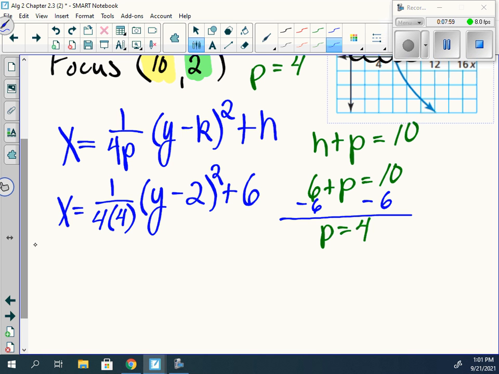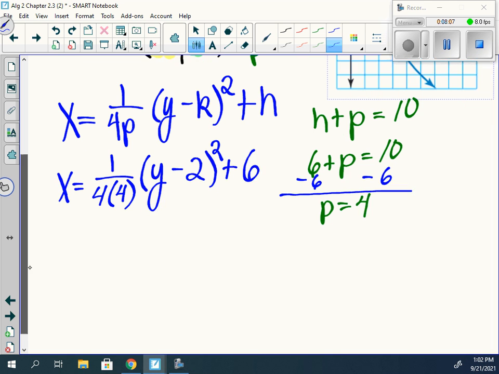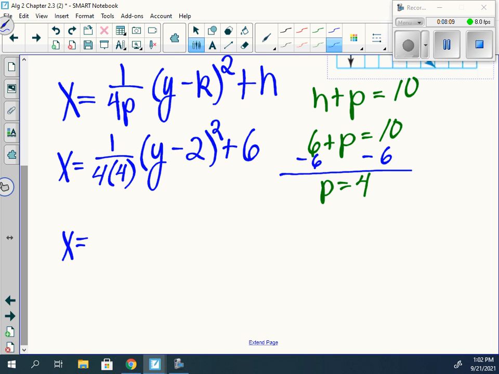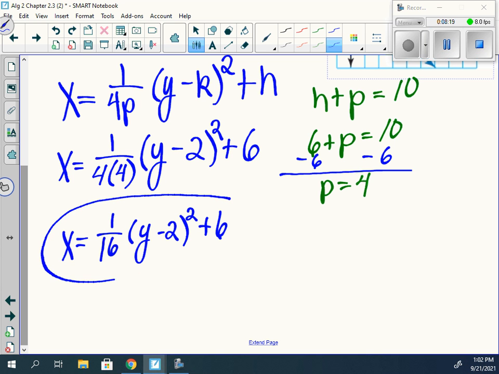So first thing we'll do is plug it in. We do have to simplify a little bit. Not a whole lot, but just a little bit. Because this first part, 1 over 4 times 4, well, 4 times 4 is 16. And that's it. That's all we have to do.